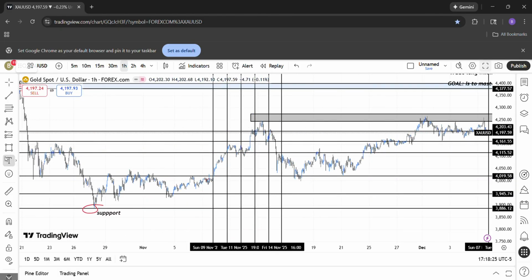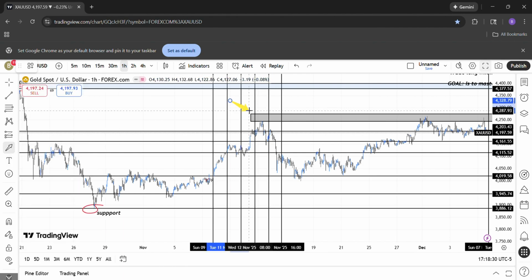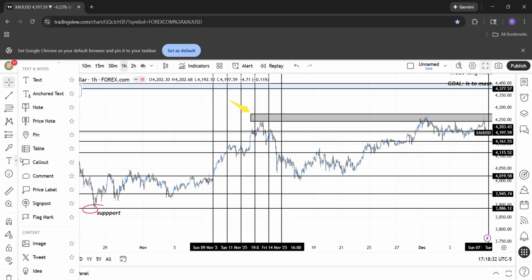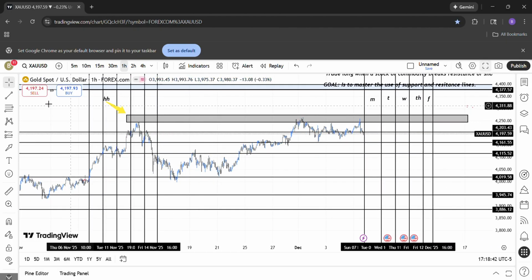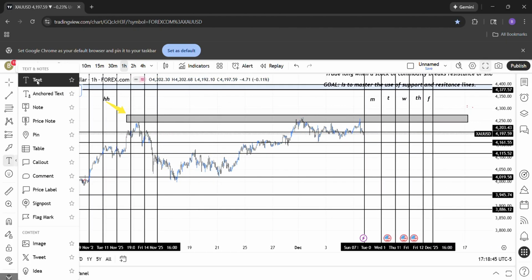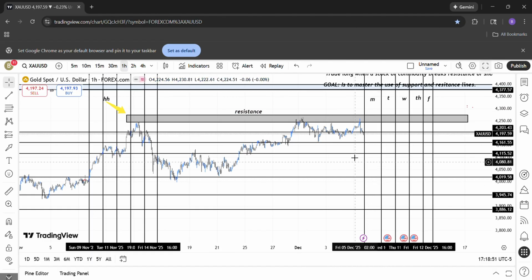So this would be labeled as a higher high, right? Boom. And then this is also known as resistance.